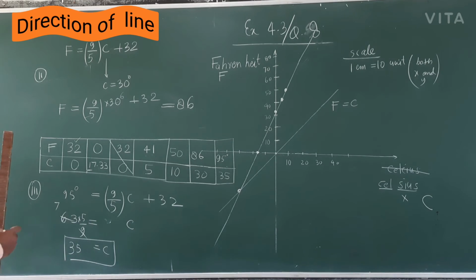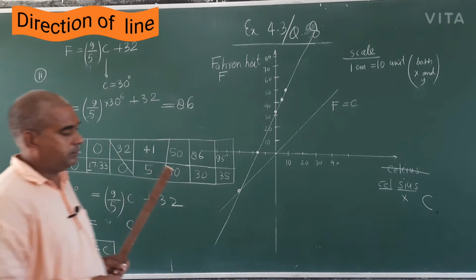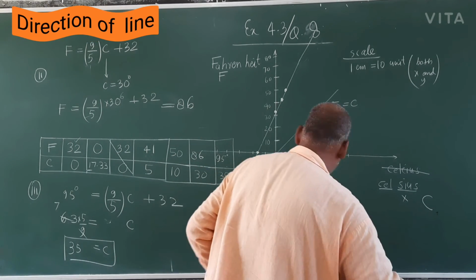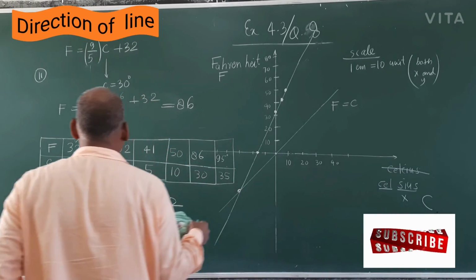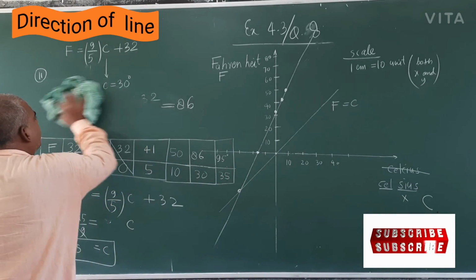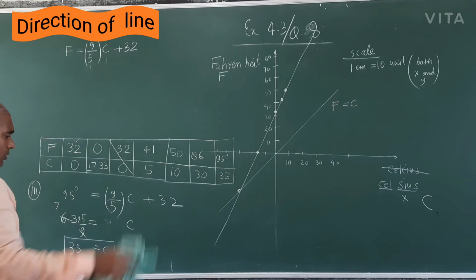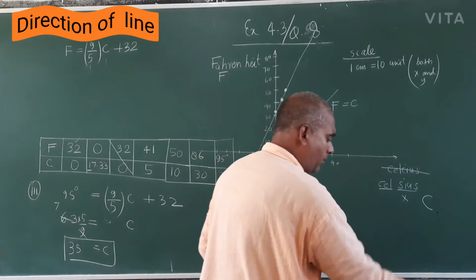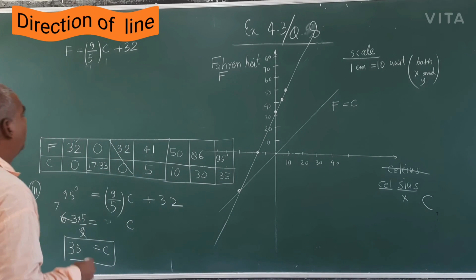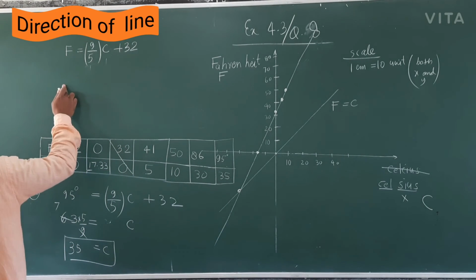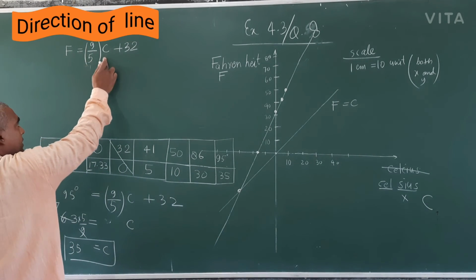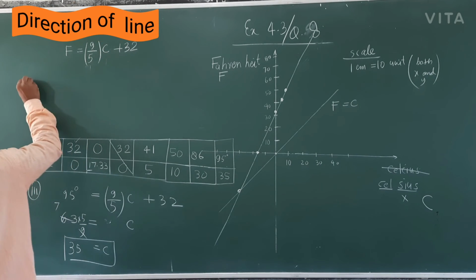Okay, now it's a very good question. So where is the point where it is cutting? You don't have to do a lot of things, only place F is equal to C here, or C is equal to F here, both.